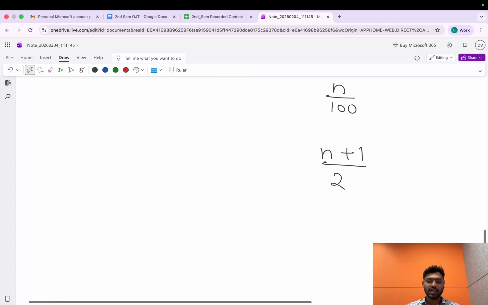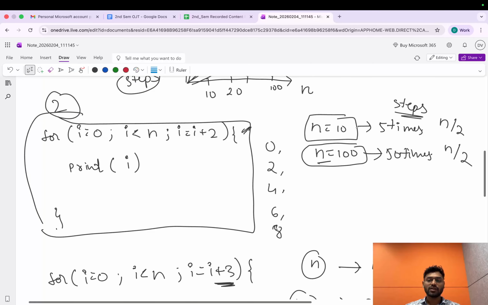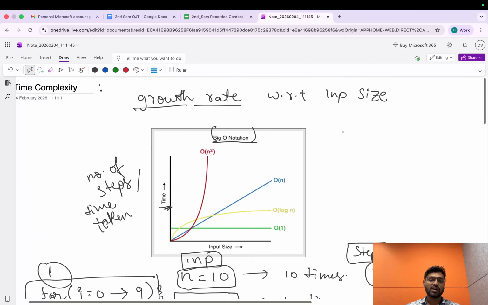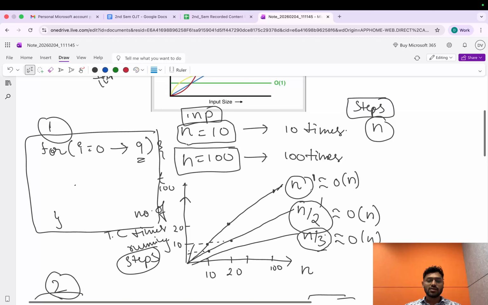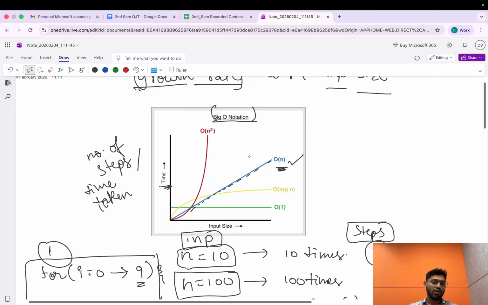It could be anything, but it's still a linear equation, right? The degree of n is still 1. N divided by 50, degree is still 1. So this is what I meant by growth rate with respect to input size. Cool. So in everything, it's a straight line which is big O of n. We have seen what is big O of n, and I have shown you different examples of big O of n.